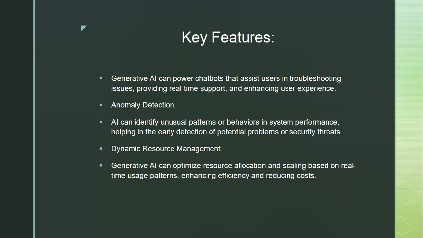It can also help us automatically generate scripts, and automatically generate the complete descriptive file which we can use for deployment purposes as well. So we can do complete deployment automation with the help of generative AI.